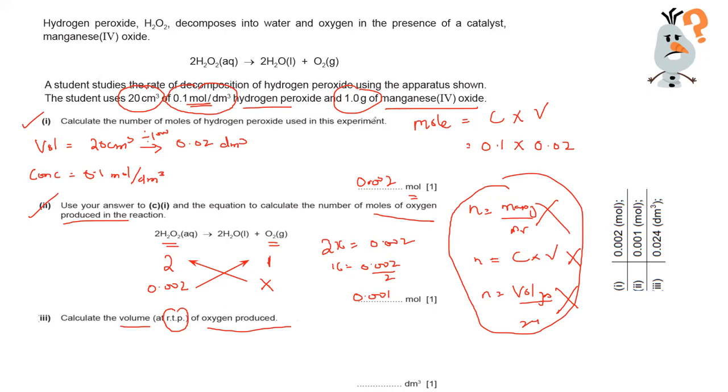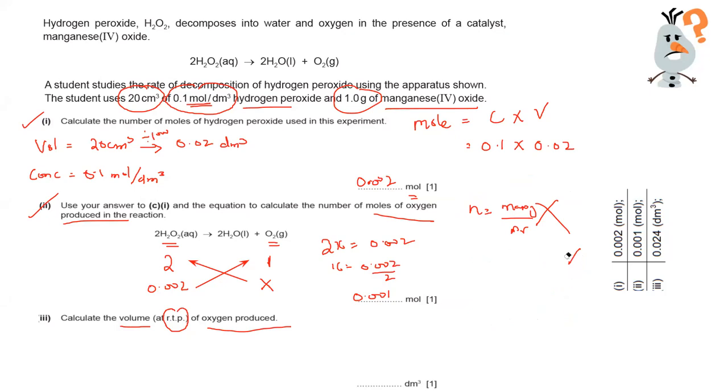Now, how can we get the volume of oxygen? We have the formula: moles equal volume of gas divided by 24.